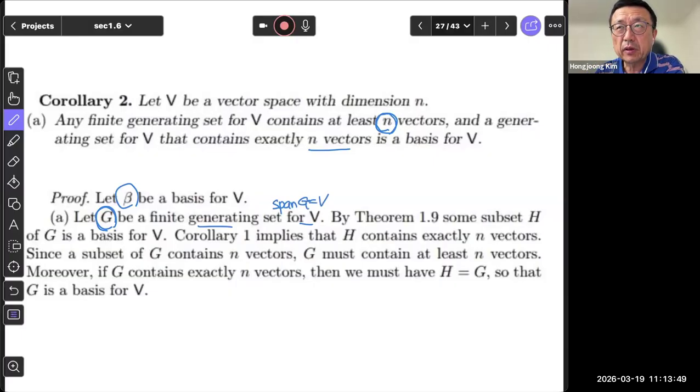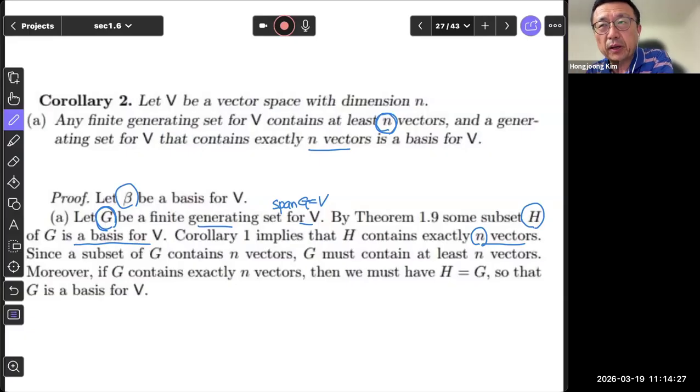Then the previous theorem told you that there will be some subset H of G which is a basis for V. And at that point, I told you that I need to remove any redundancy from G, right? That's what I told you. Anyway, corollary 1 implies that H contains exactly n vectors, because the number of vectors in a basis will be the same for all bases.